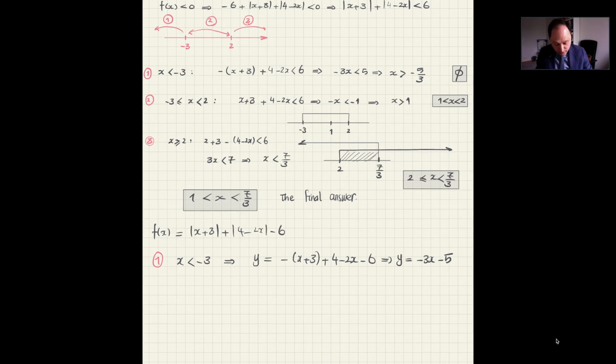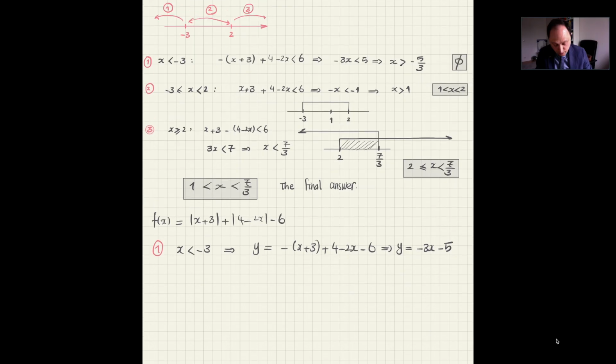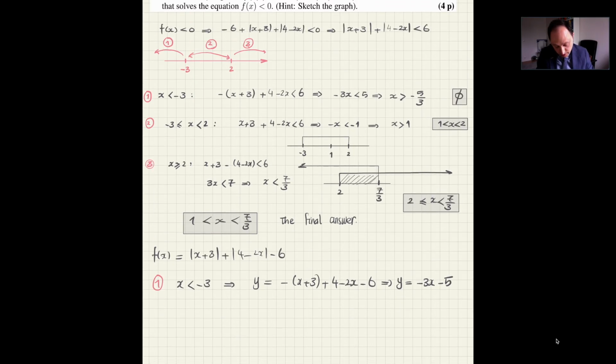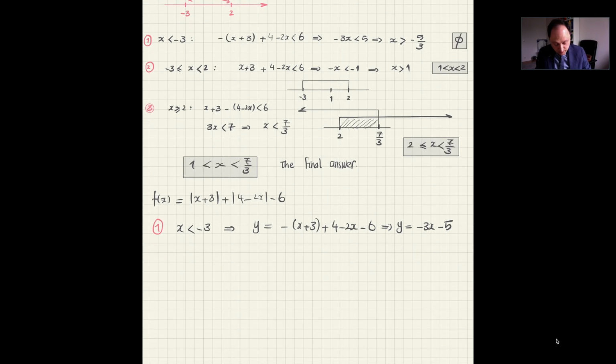I don't know, this is actually not a very good way because you need to draw how many lines? 3 lines, yes. If you draw the graph here, you need 2 points. For example, x is minus 3, and let me choose minus 4. If I put minus 3 here, y becomes 4, and if I put minus 4, it becomes 7.